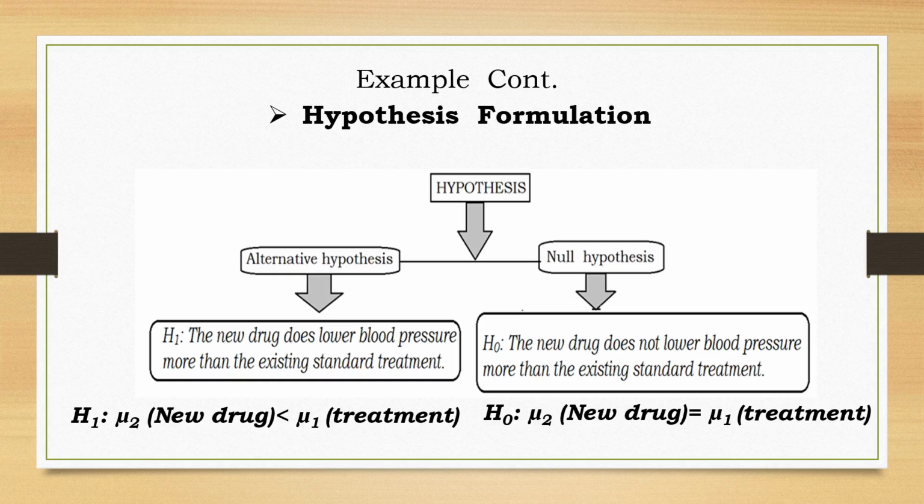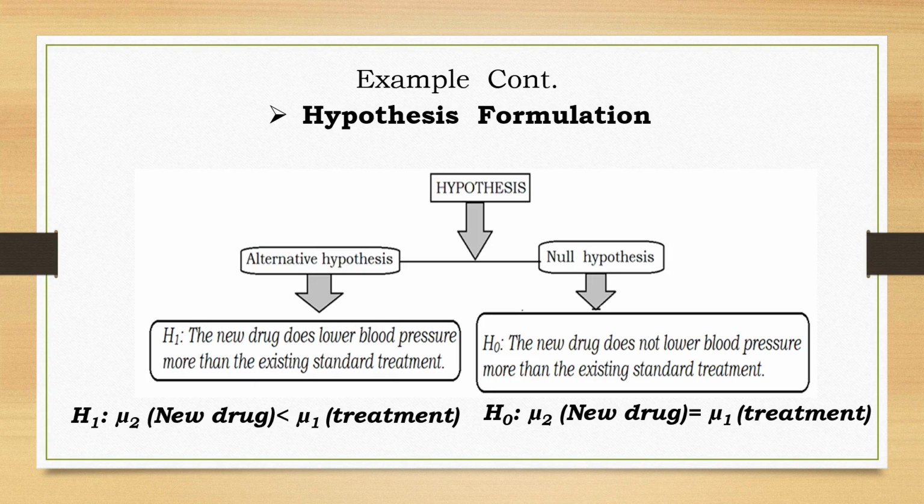The null hypothesis states that the new drug does not lower blood pressure more than the existing standard treatment, which means that the mean systolic blood pressure of the individuals that took the new drug is equal to the mean systolic blood pressure of those individuals who took the standard treatment.